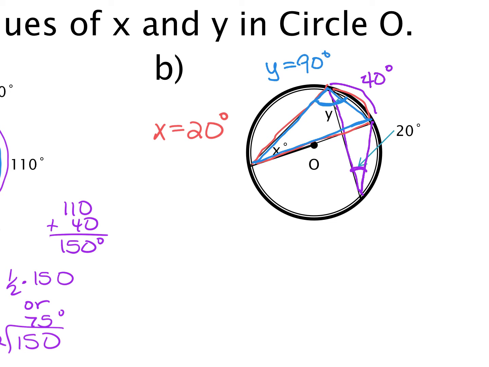Now, if it's easier for you to see that its intercepted arc was this semicircle, which was 180 degrees, and then divide it by 2, you can also get the measure of that angle that way as well. So you can go about determining or using the reasoning here different ways.